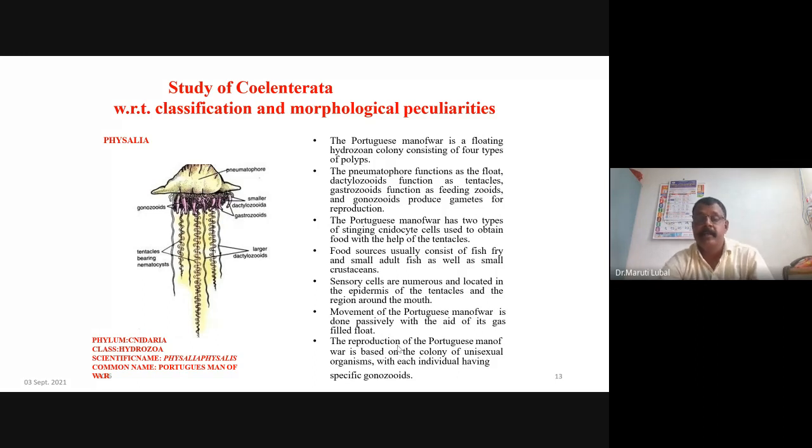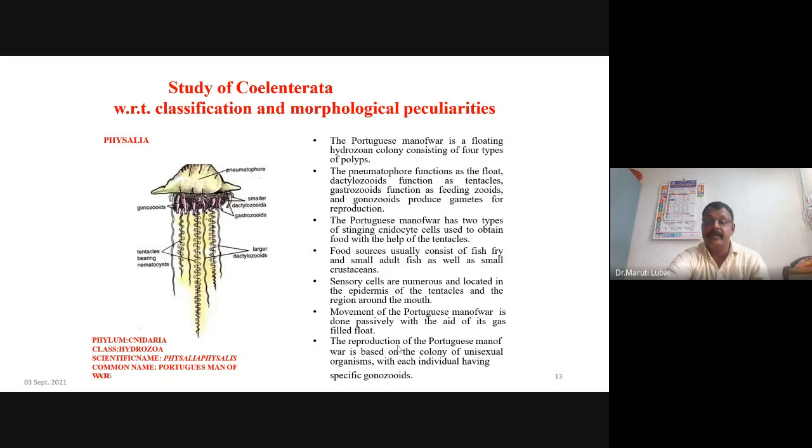The Portuguese man of war has two types of stinging cells, used to obtain food with the help of the tentacles.